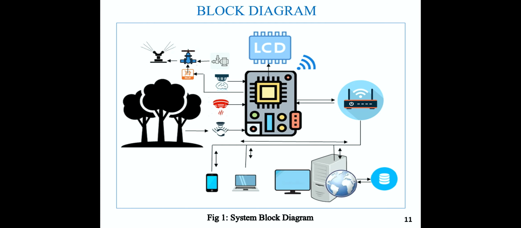As you can see, all three sensors are connected to the ESP8266. Firstly, all the sensors will give data to the ESP8266, and it will be displayed on the LCD screen. Then the ESP8266 will transfer the data to a web server.